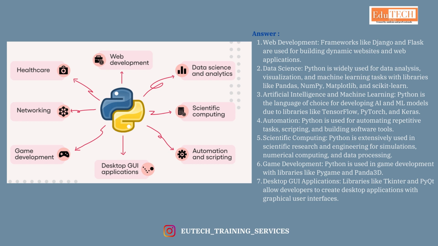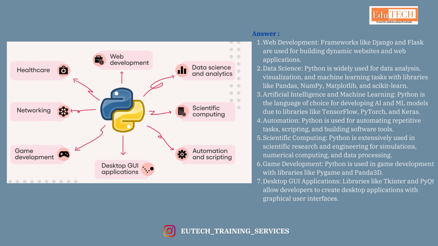Python is the language of choice for developing AI and ML models due to libraries like TensorFlow, PyTorch, and Keras. Automation. Python is used for automating repetitive tasks, scripting, and building software tools. Scientific computing. Python is extensively used in scientific research and engineering for simulations, numerical computing, and data processing.